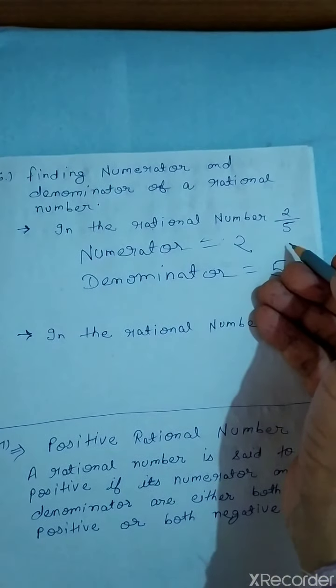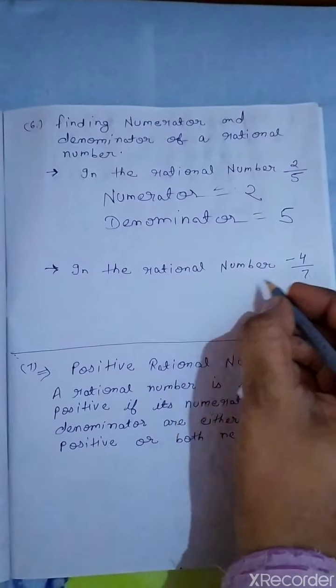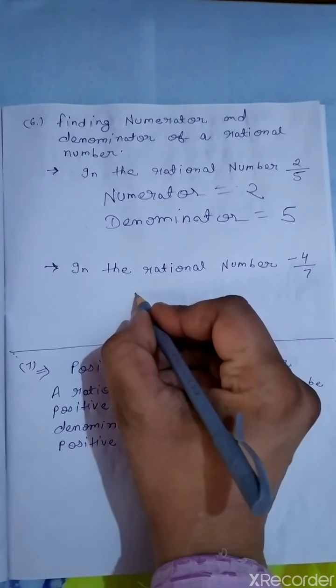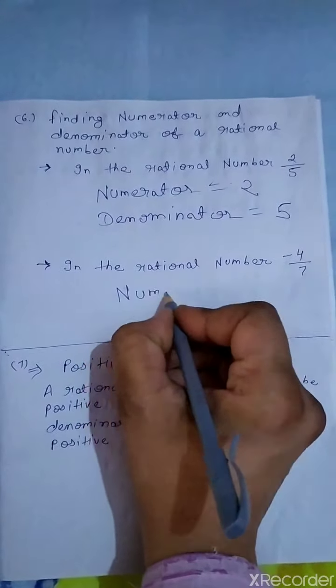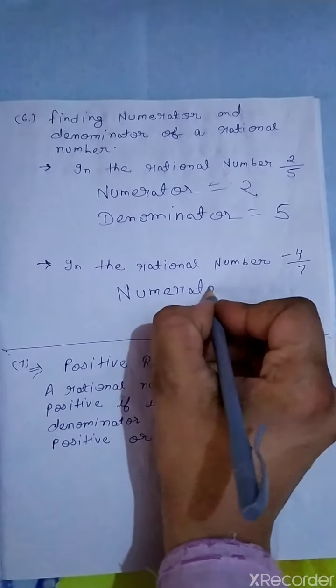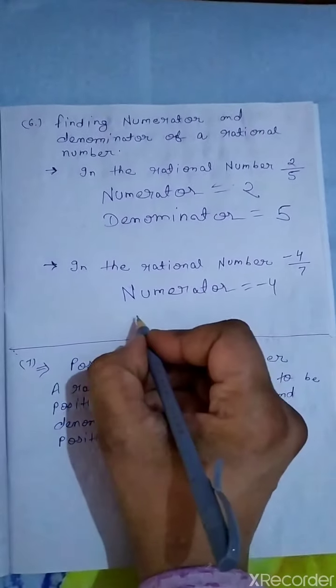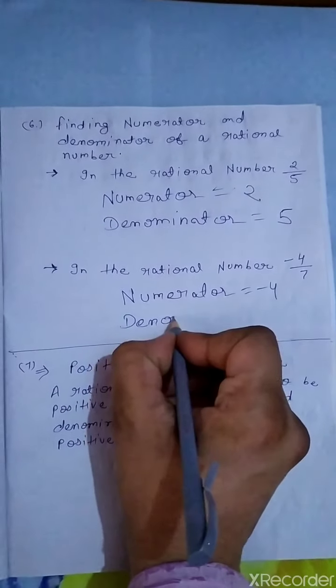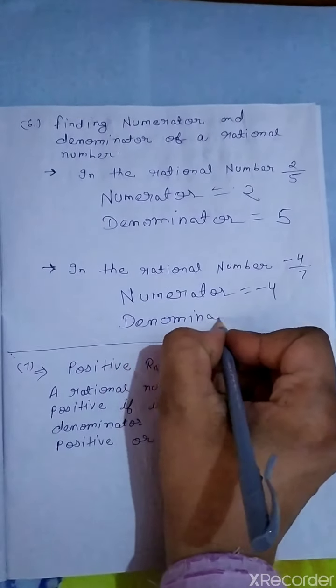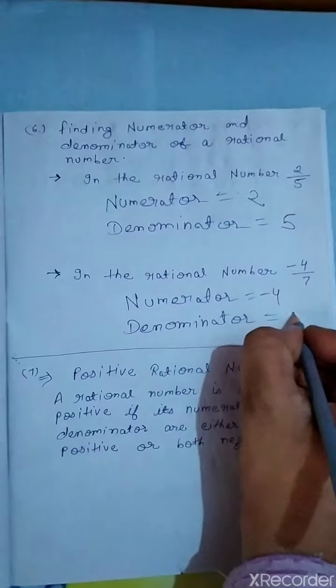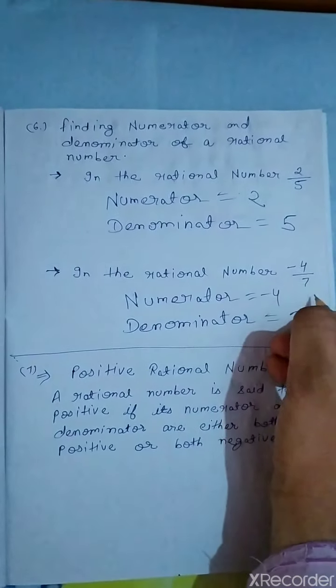In the rational number -4 by 7, the numerator is -4 and the denominator is 7.